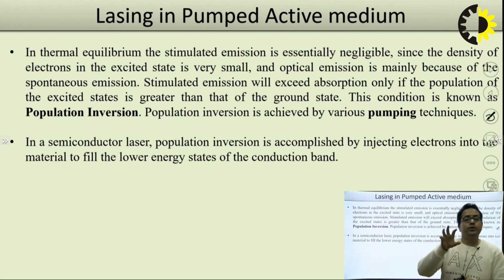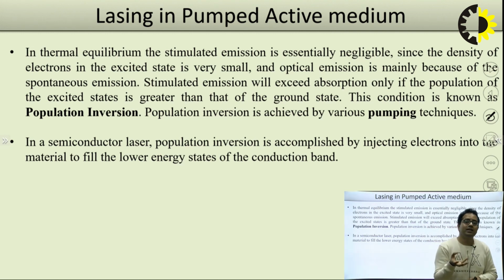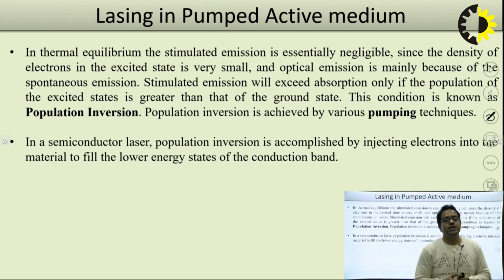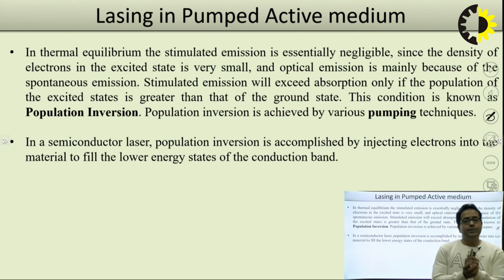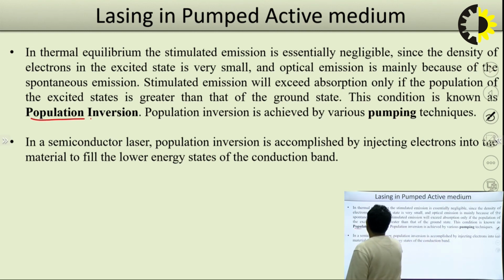Only then could we have a maximum number of photons emitted. Why? Because the incident photon incident on the electron present in the conduction band causes stimulated emission. So we make a provision so that most of the electrons already reside in the conduction band. That is the process done by population inversion.